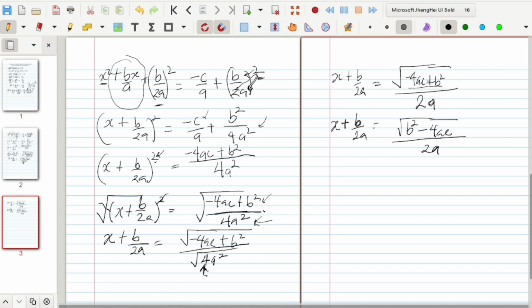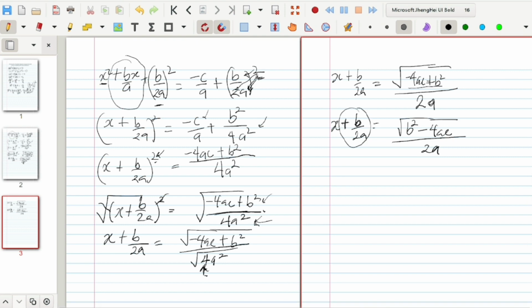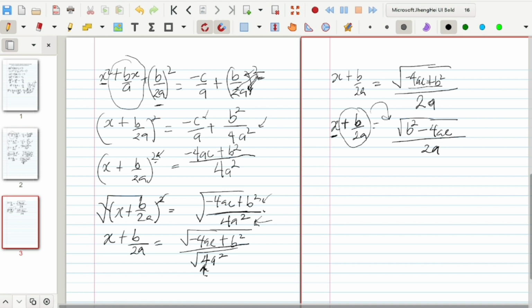Next thing in line is to take this to the other side, since we're making x the subject of formula. So that's also completing the square to derive the general formula. x is equal to minus b over 2a.